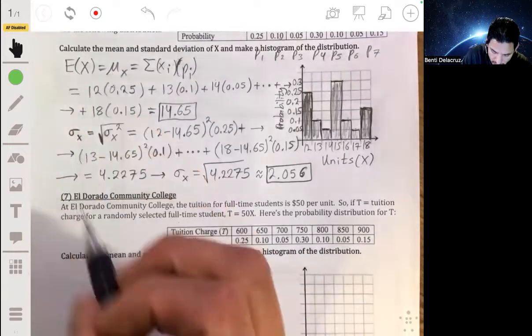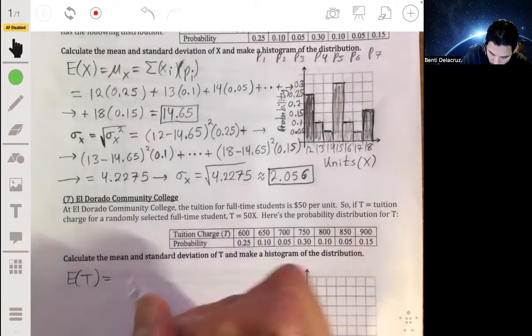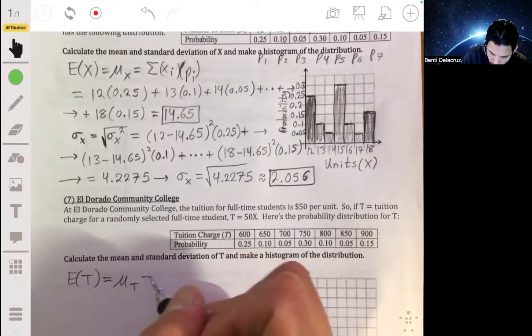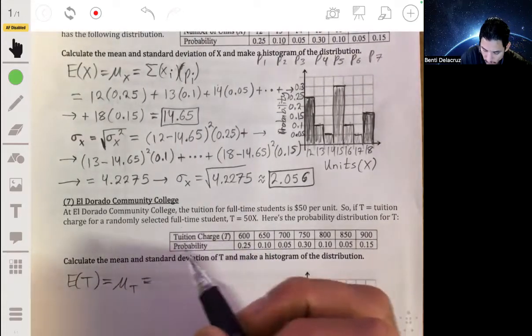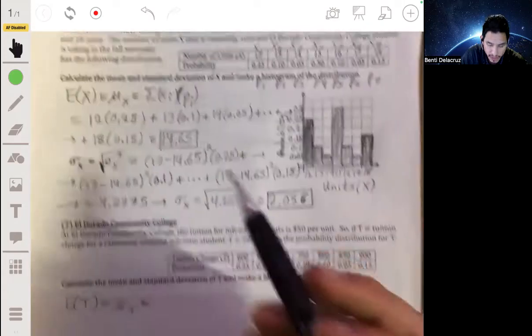And again, the expected value of T, we can write it as the mean of T, will be the sum of T sub i times P sub i.